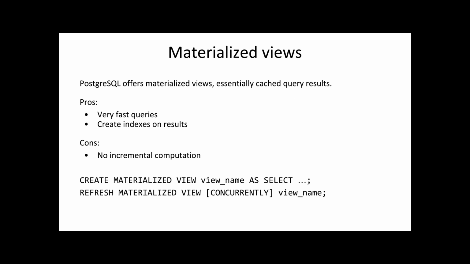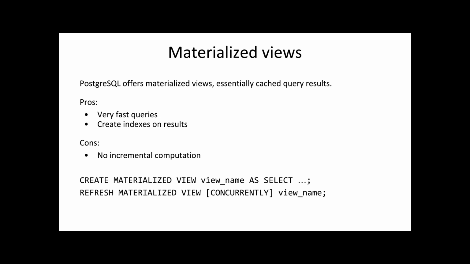So one feature native to Postgres is materialized views. Materialized views are essentially just putting the query results in a read-only table. And if you do that, you can just query the query results basically. So the materialized view might contain aggregates for all dates, and then your queries might only look at a particular date range.